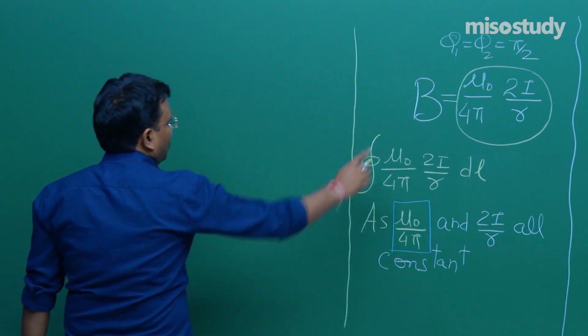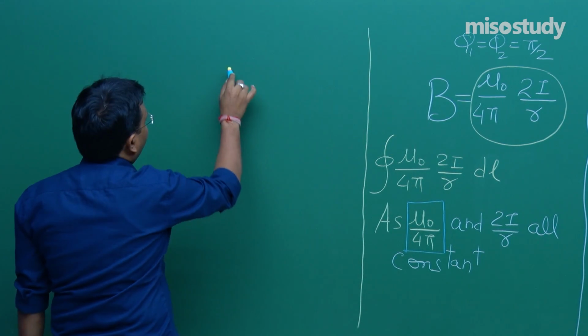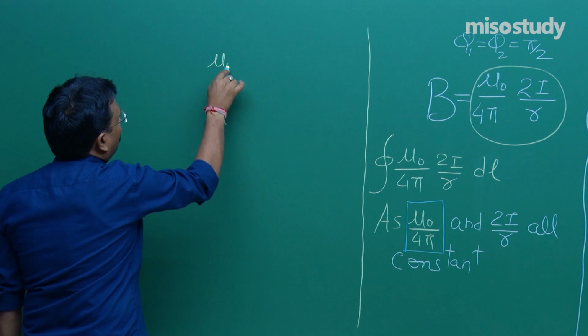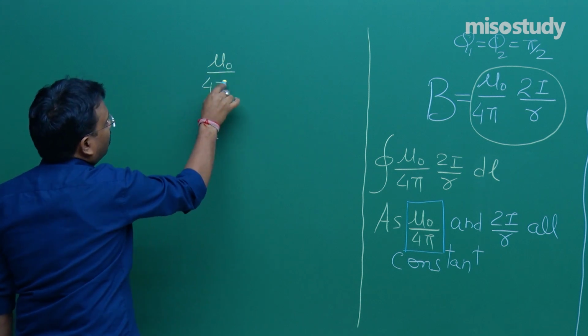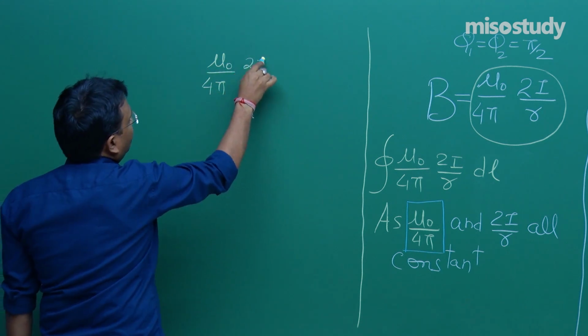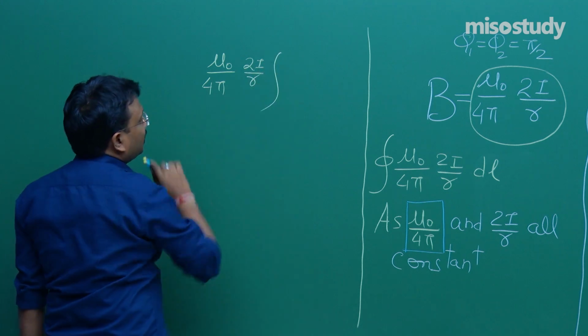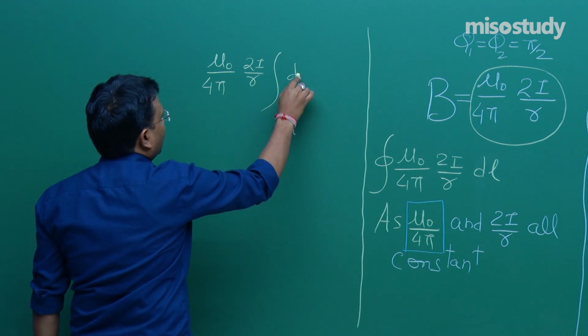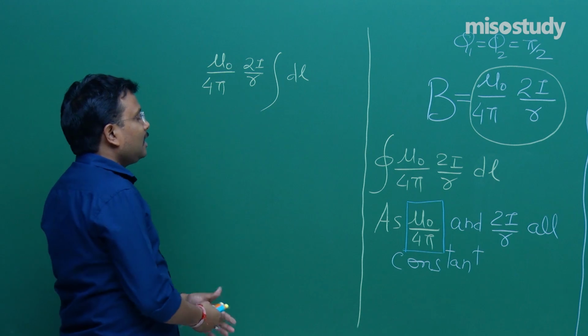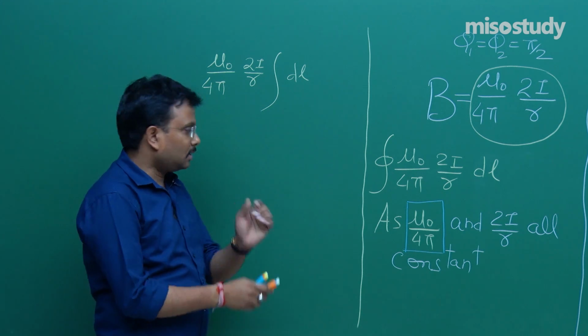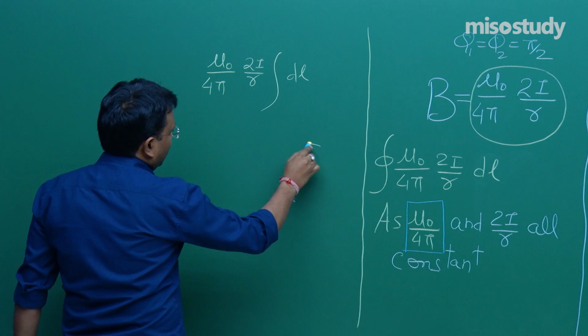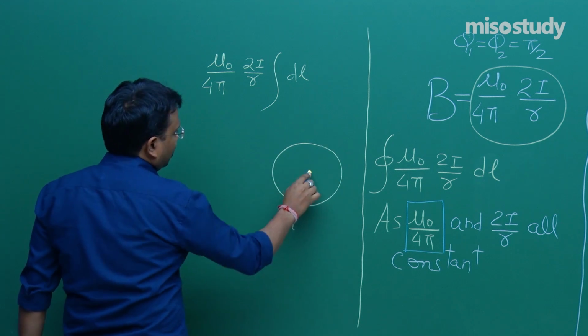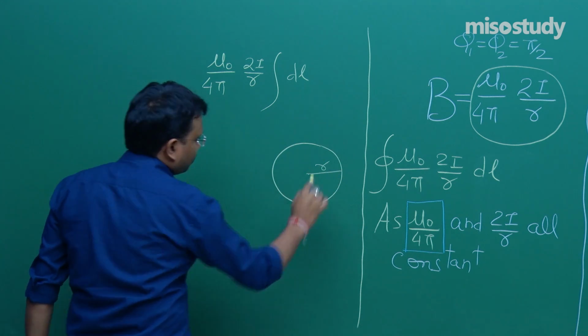So in this particular expression, that is mu naught upon 4 pi, 2I by r within brackets, dl. Now the problem with dl is what? Take a look over here. Let us say it is a circle of radius r.